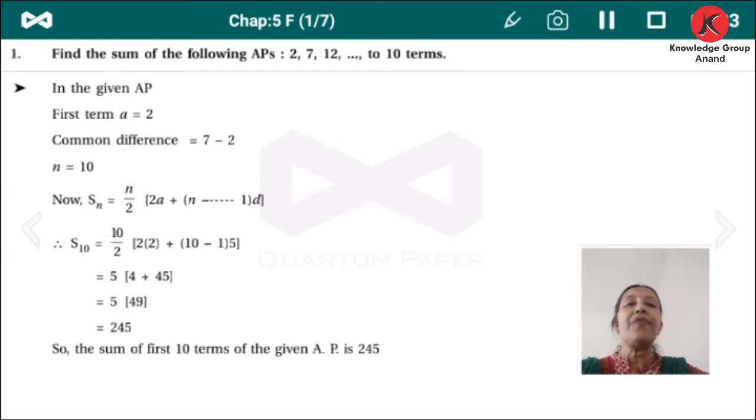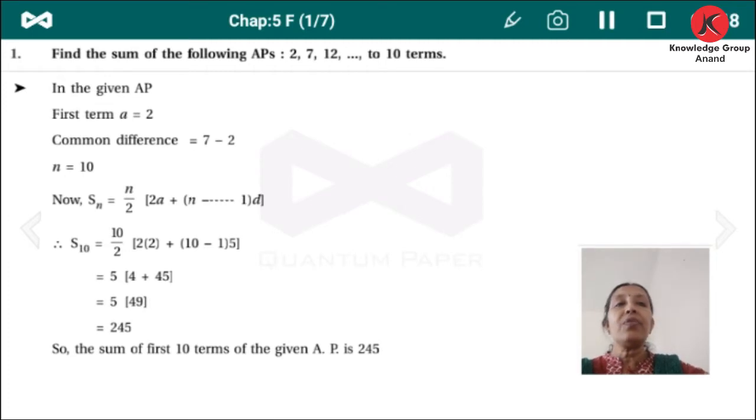So, the sum of the first 10 terms of the given AP is 245. This question is for objective type question number 1.